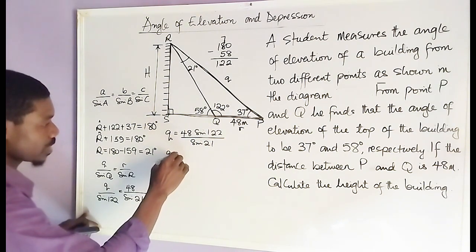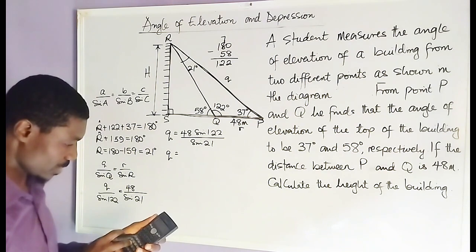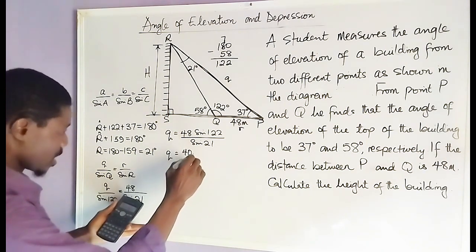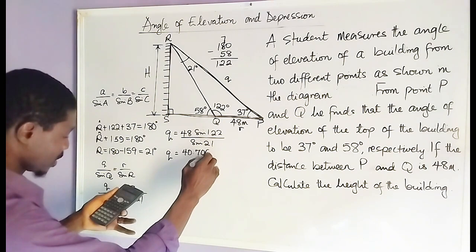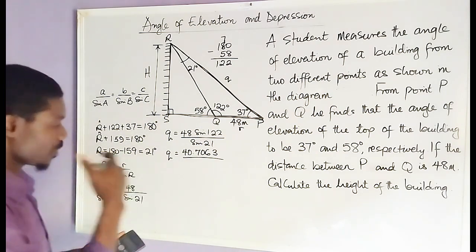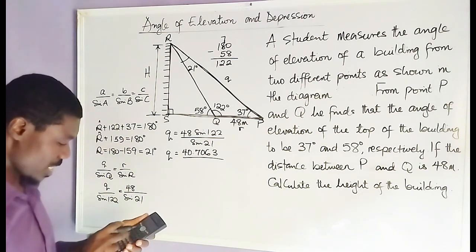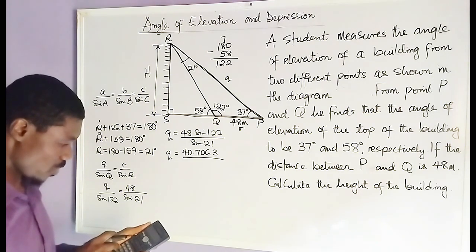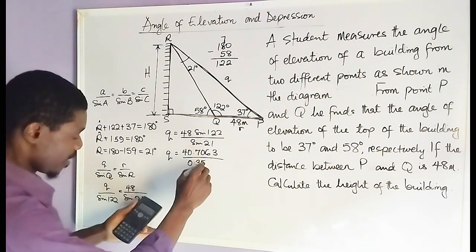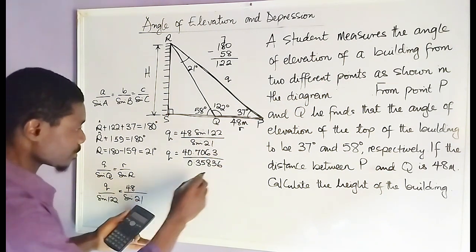Now for the numerator, 45 multiplied by sine 122 gives 40.7063. Leave it at four decimal places at least, so that your final answer will be closer to the actual answer. Then sine 21 is 0.3584.